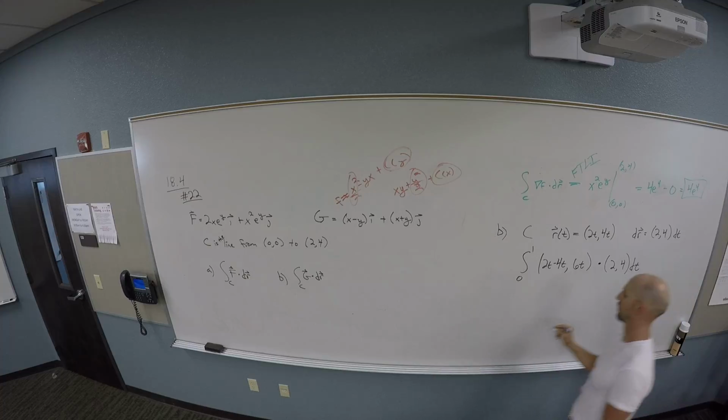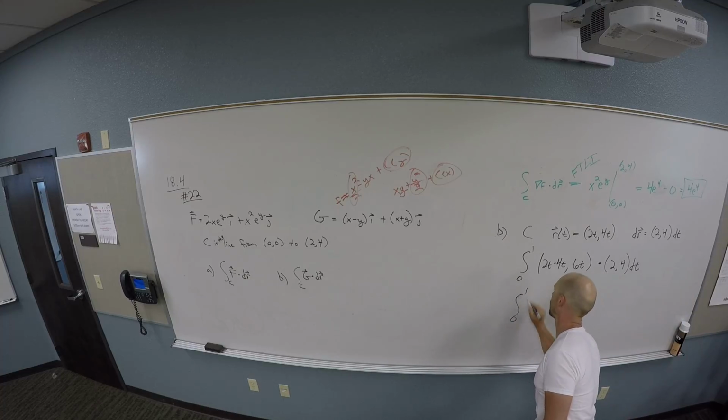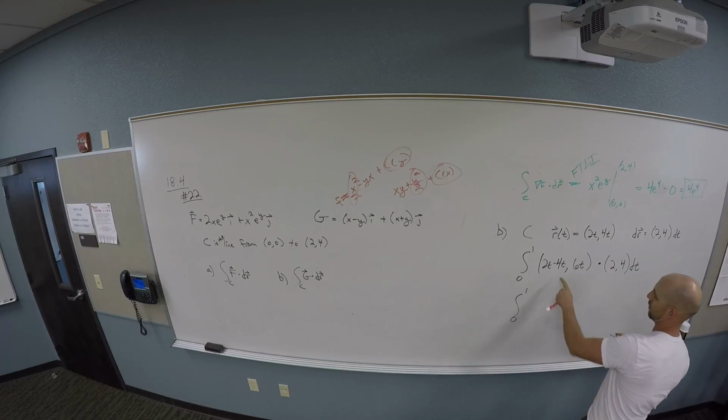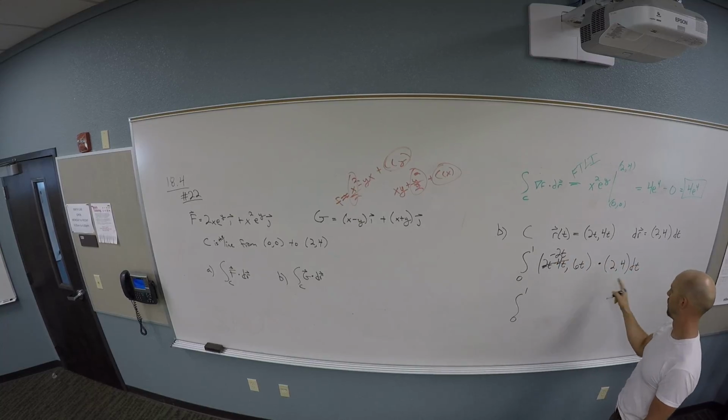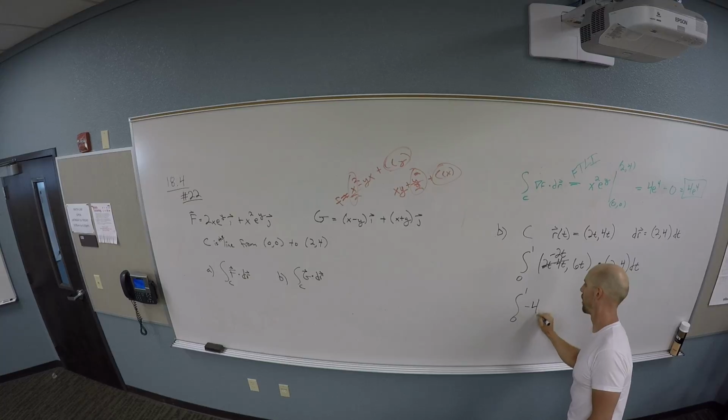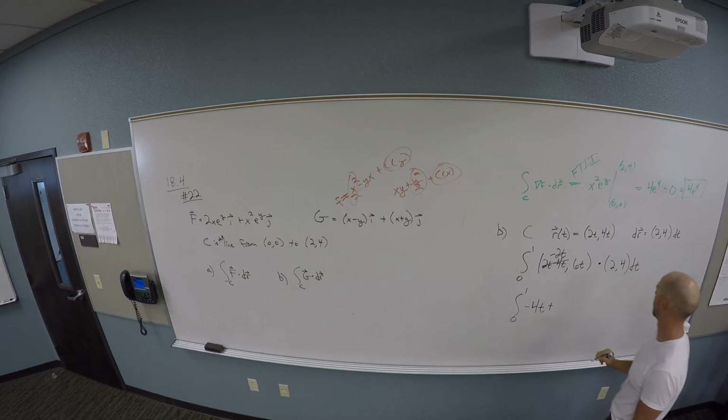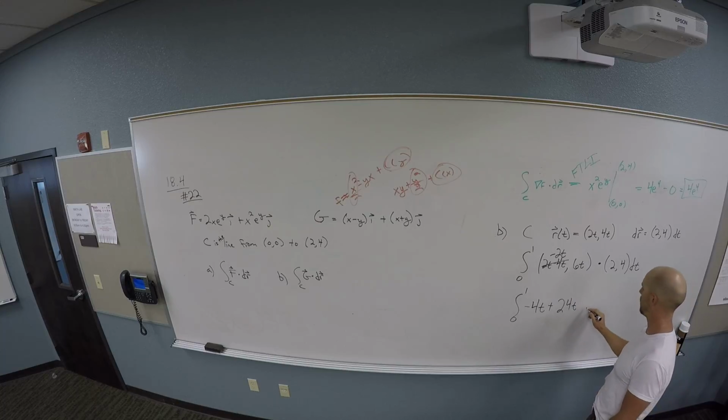So I get the integral from 0 to 1 of negative 2t, negative 4t, so I got minus 4t plus 24t dt.